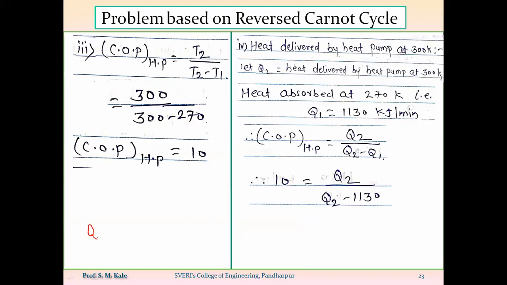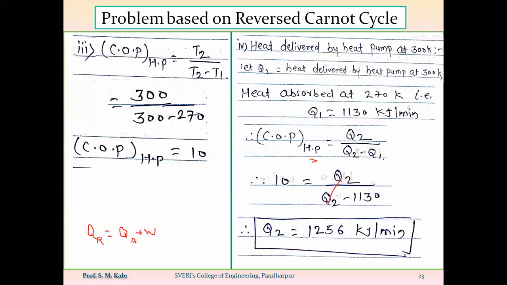QR is equal to QA plus W is one method, and another method is COP of heat pump equal to Q2 divided by Q2 minus Q1. By this method also you will get the value of Q2. By both ways you will get the same answer, 1255 point something or 1256 point something in kilojoule per minute.